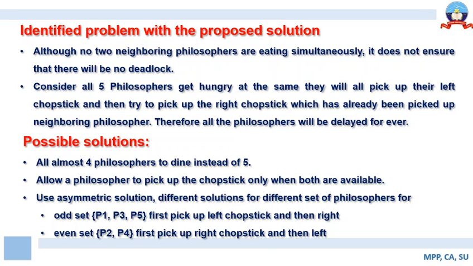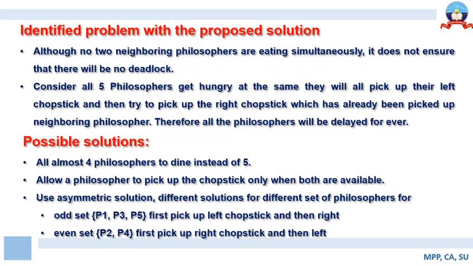For the odd set, the philosophers will first pick up their left chopstick and then the right. And for the even set, they will pick up their right chopstick and then the left. In this way we can resolve the problem of deadlock that we had identified. So these are potential way outs in case of the dining philosophers problem.